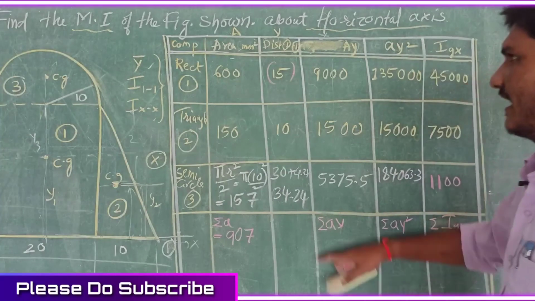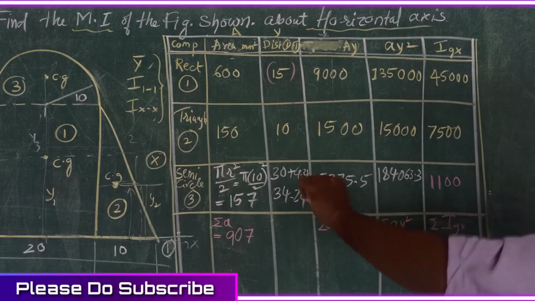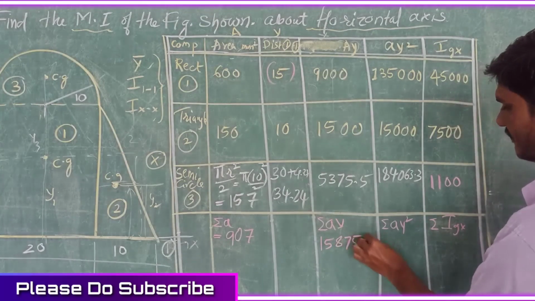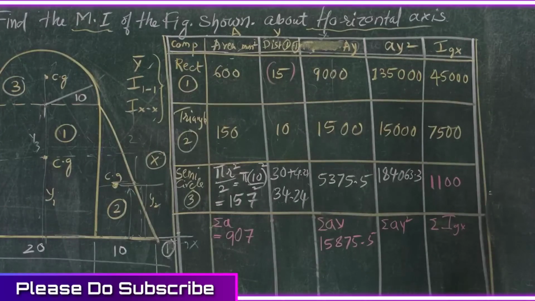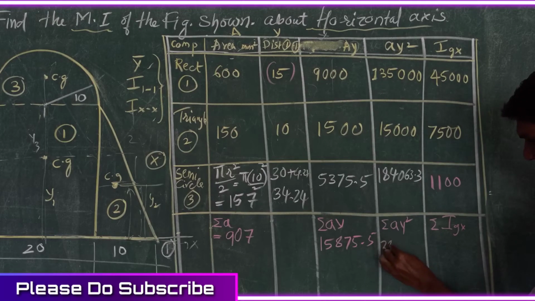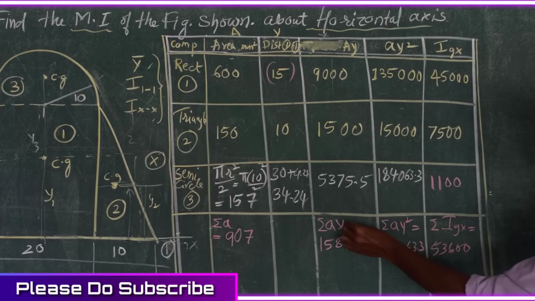I am substituting the direct values: sum of ay is 15,875.5, sum of a y square is 3,34,063.3, and the moment of inertia is 53,600 we will obtain, right?